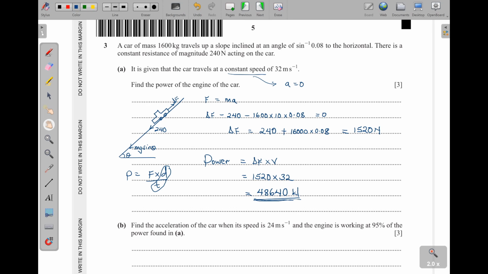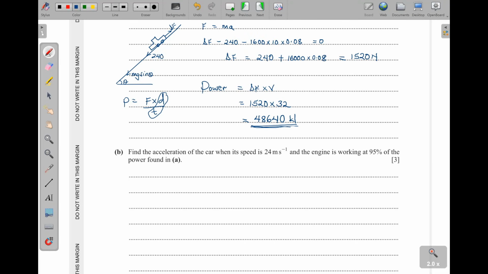Part B, find the acceleration of the car when its speed is 24 meters per second and the engine is working at 95% of the power found in A. Now we need to find the new driving force. Remember, power depends on the driving force and the speed, you see.